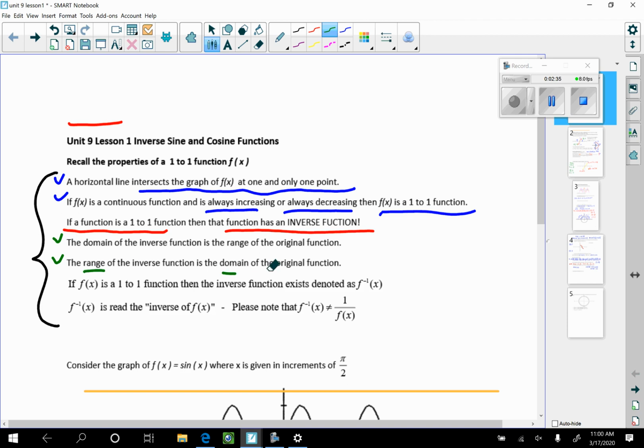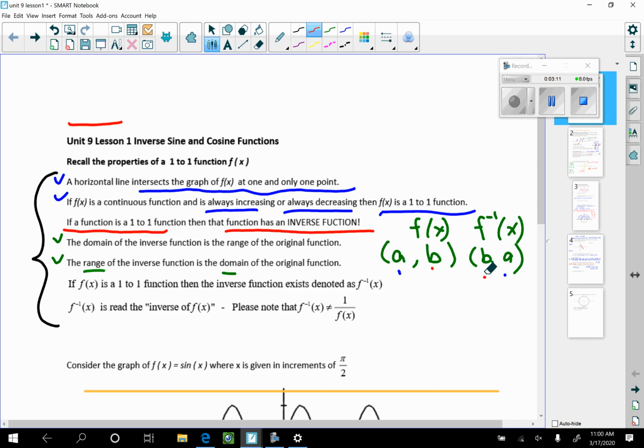In essence, if I have a particular function, f of x, and (a, b) is on that f of x, and f of x does indeed have an inverse, call it f inverse of x, then what do I know? (b, a) is on that inverse. The domain becomes the range, and the range becomes the domain.